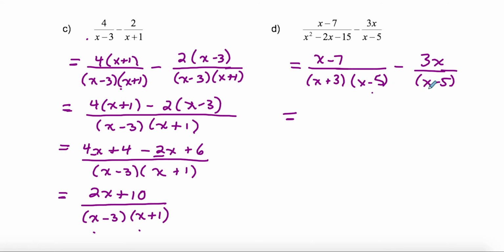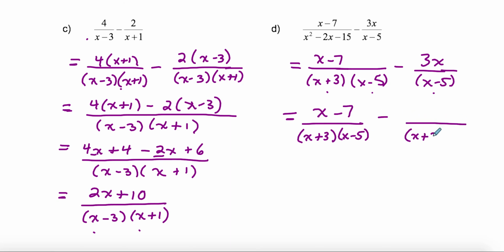My denominators have something in common here, this x minus 5, but they both don't have an x plus 3. So I could leave this one as it is, x plus 3 and x minus 5. But this denominator over here, I also want it to be x plus 3 and x minus 5.